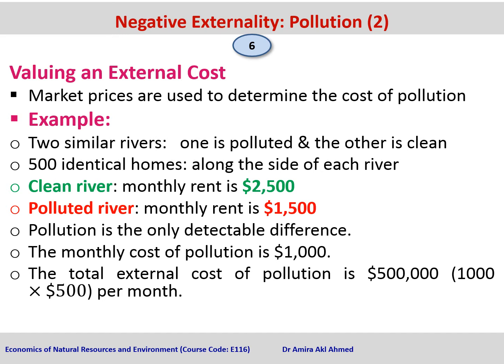Therefore, the total external cost of pollution for the 500 homes located on the polluted river is $500,000 per month. In the next slides, we will use a graph to illustrate the relationship between output and the costs in a chemical industry that pollutes the environment.